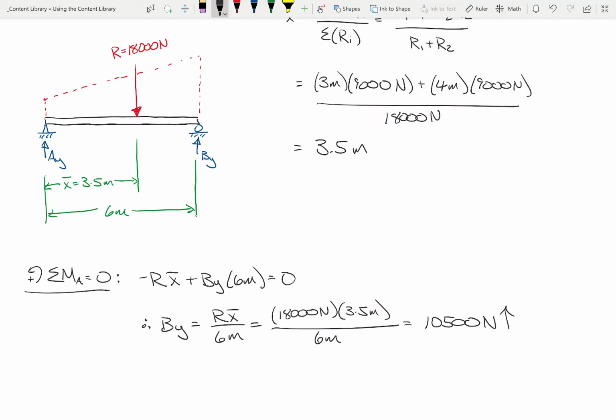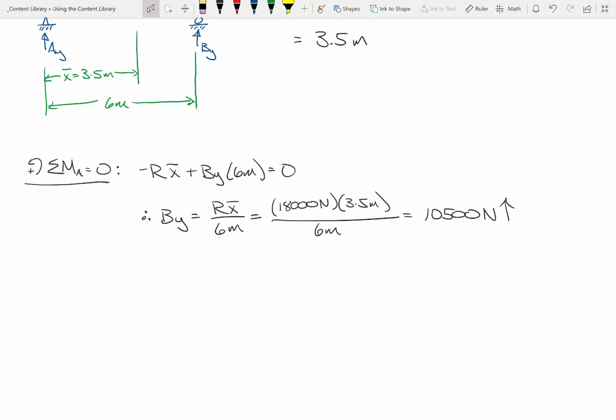Make sense? And then I can go through and do the other one. I mean, we know what's going to happen. I'll do this quick. AY plus BY minus R equals 0.